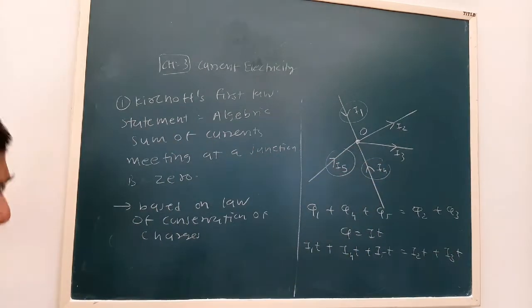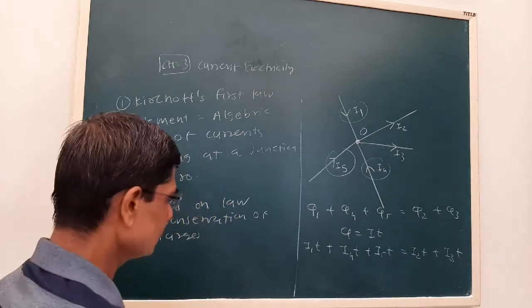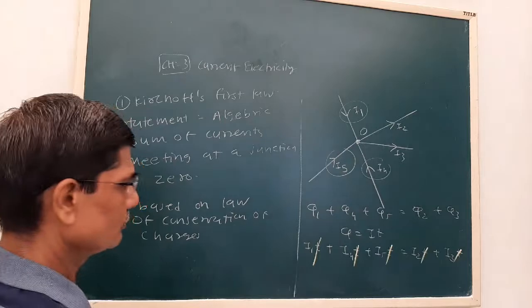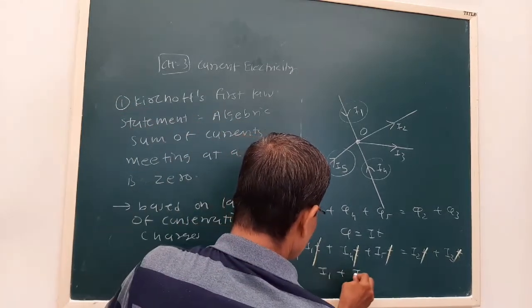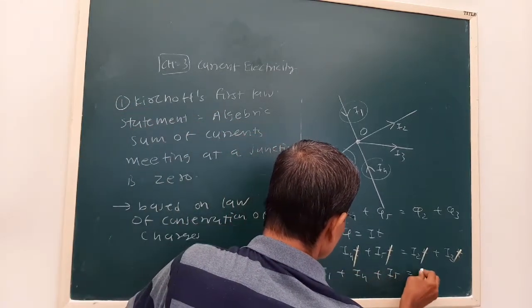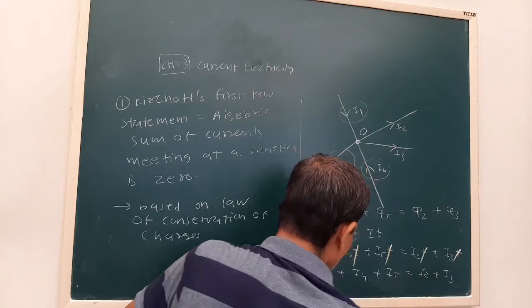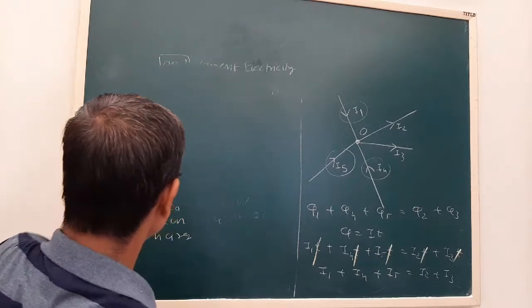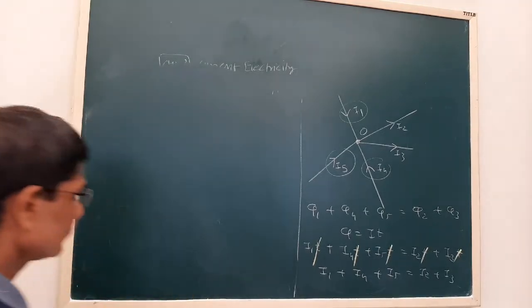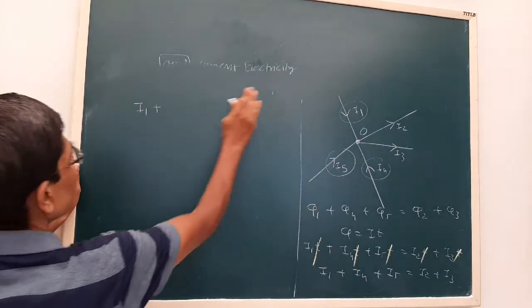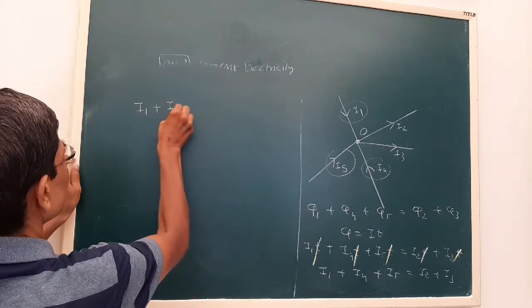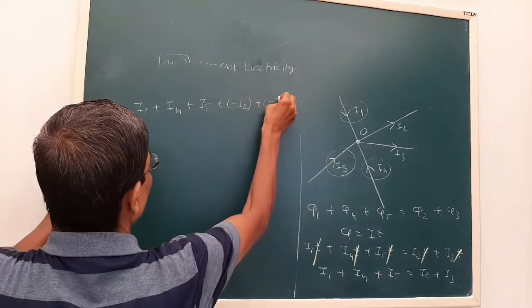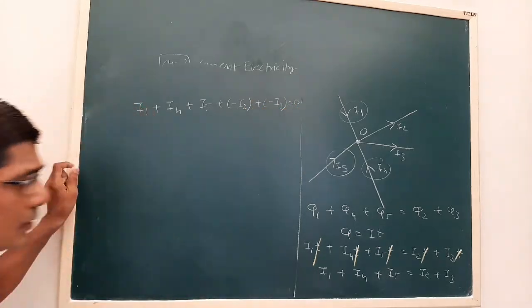T is common in all the terms, so we can say I1 plus I4, and so on.